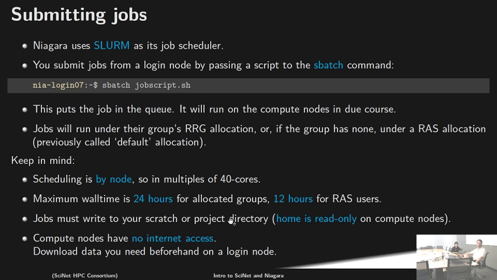You have to write to Scratch or project, because home is read-only. That often means that you want to start your sbatch command from your Scratch directory. There are ways to do it so you don't have to, but by default, the output of your job gets written to the directory that you submit from, and if you submit from home and you can't write to it, basically your output is gone.